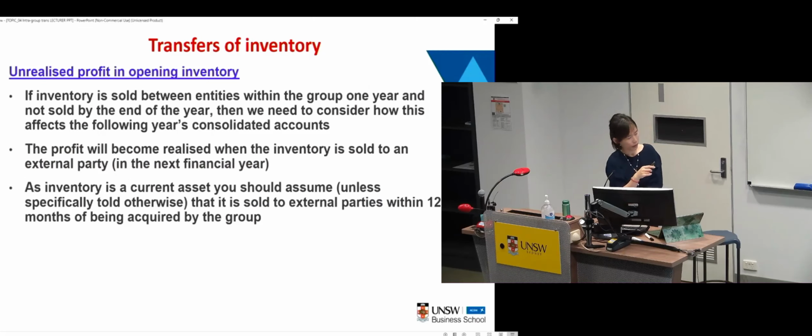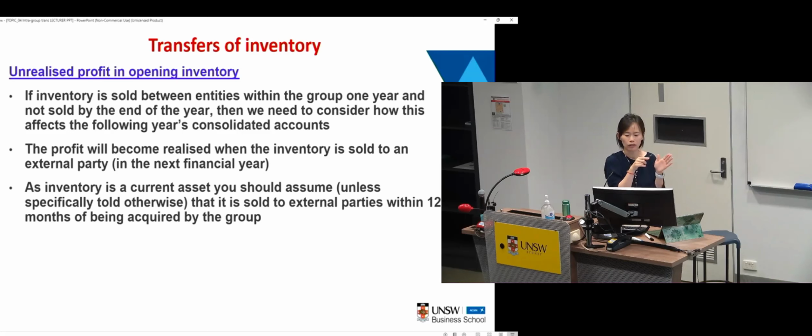Okay. Now, that is all for the unrealized profit in closing balance inventory. Now let's move on to look at the unrealized profit in opening inventory. Assuming, going back to our original example, the inventory is sold between entities, from the subsidiary to the parent, in year 22, and not sold by the end of that year.